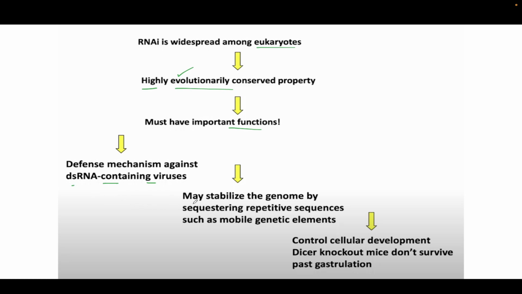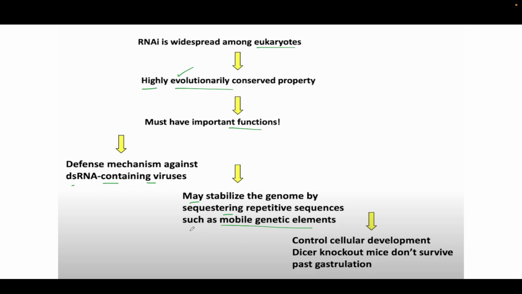Okay, no worry. It may stabilize the genome by sequestering repetitive sequences such as mobile genetic elements. Okay, so mobile genetic elements, or we can call them transposons, that is LINEs and SINEs, long interspersed non-coding sequences like that.